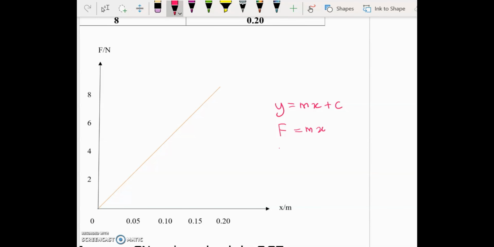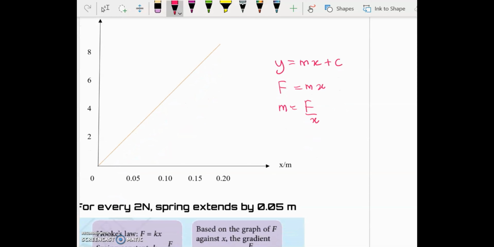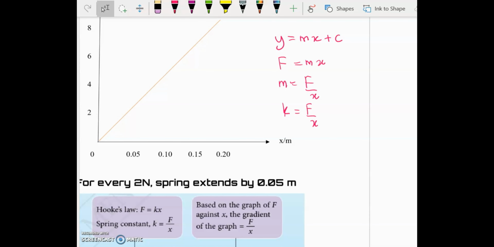So the gradient is actually F over x. But in Hooke's law we use k instead of m, k equals F over x, where k is the constant. The gradient is a constant value, which we call the spring constant, and it has unit of Newton per meter based on the formula here.